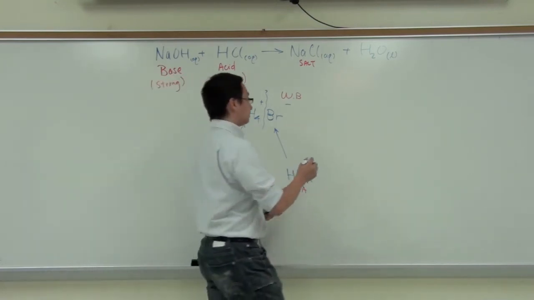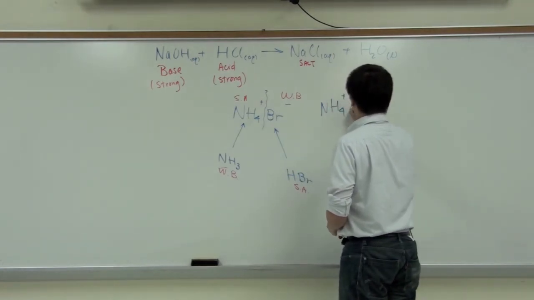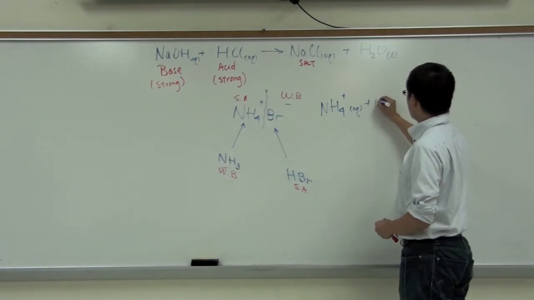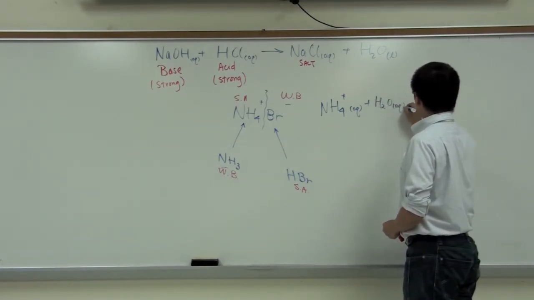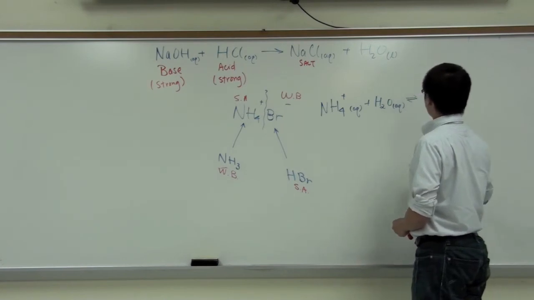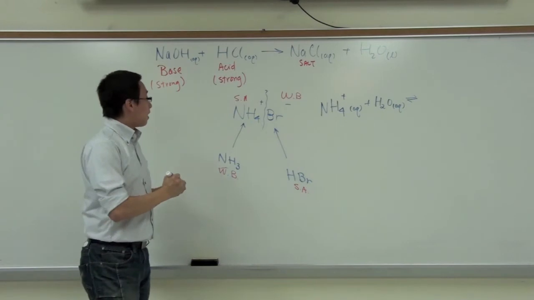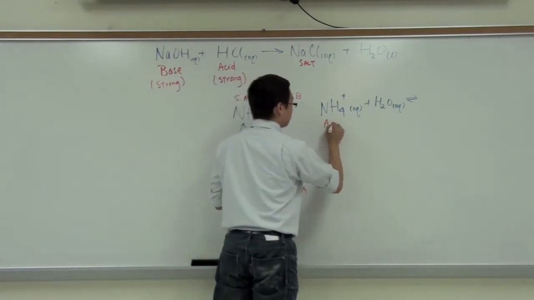So what's going to happen? We have the ammonium ion reacting with the water. And we find out that this is a strong acid. Let me label it so it becomes much clearer.